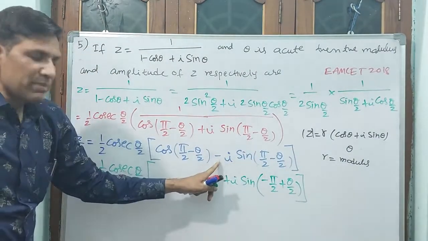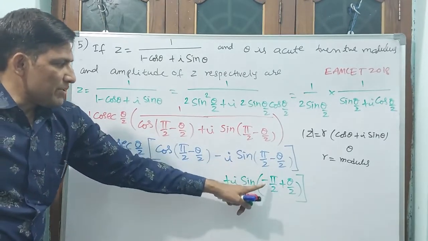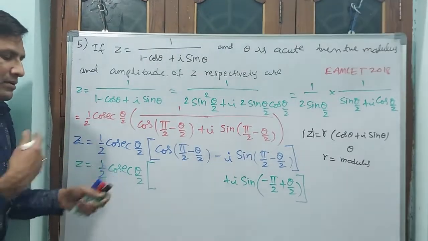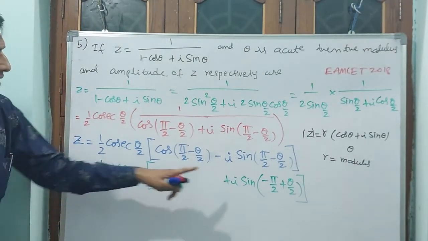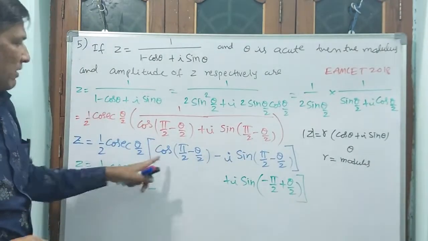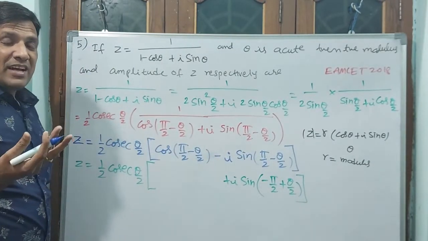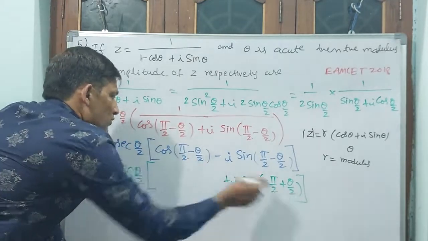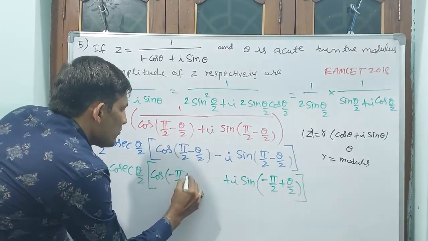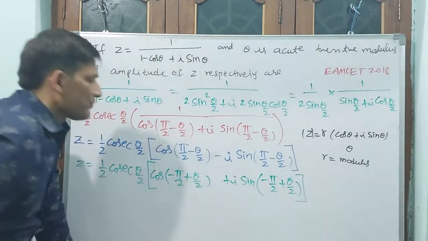Minus if I send inside here, plus will be there. Minus pi by 2 plus theta by 2. Why? Because we know very well sin minus theta is equal to minus sin theta. Okay, that is okay. But what about this? Cos minus theta is cos theta. That is why same thing you can write here without any hesitation. Minus pi by 2 plus theta by 2.